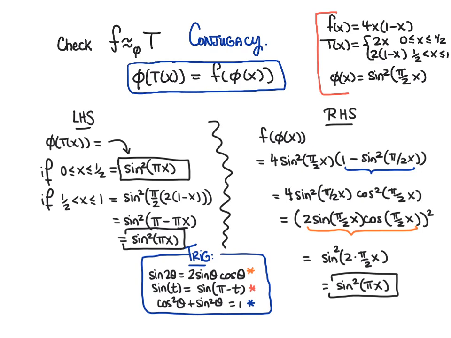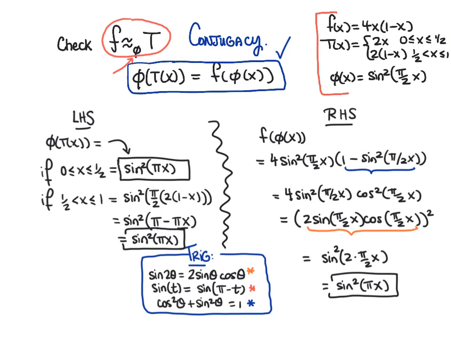So essentially what we've shown is that yes, this condition up here is true. The left-hand side is equal to the right-hand side, which means that our two maps are conjugate to one another under the homeomorphism that we defined on the last slide, and therefore they preserve all topological properties, including chaos.